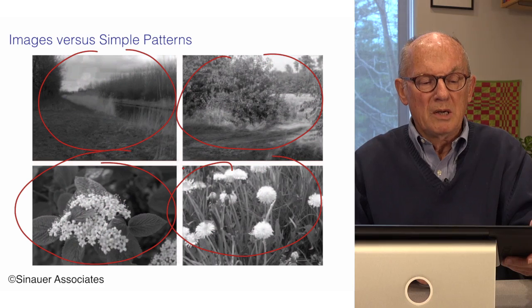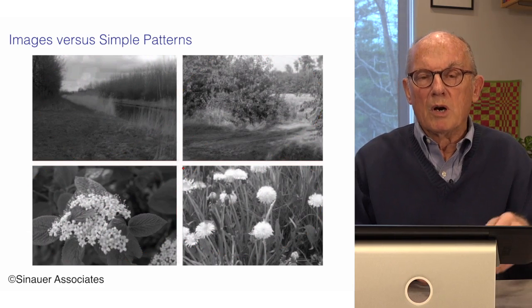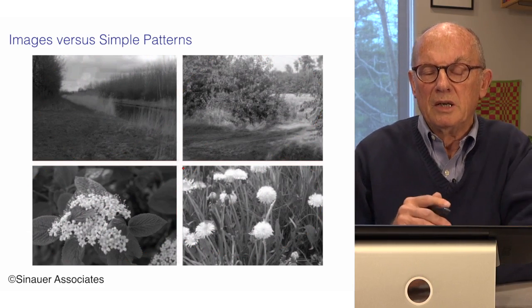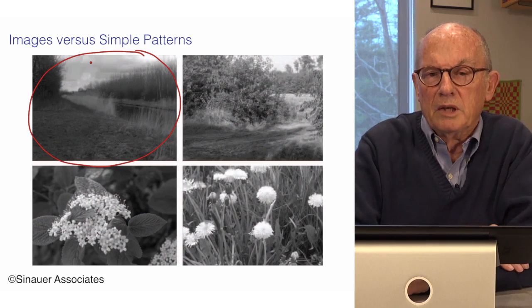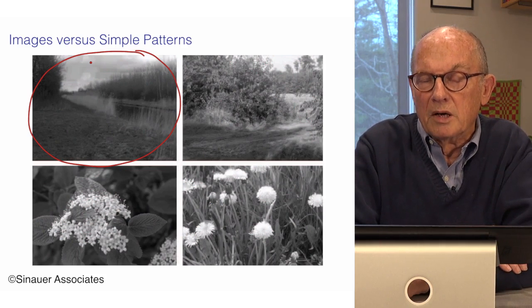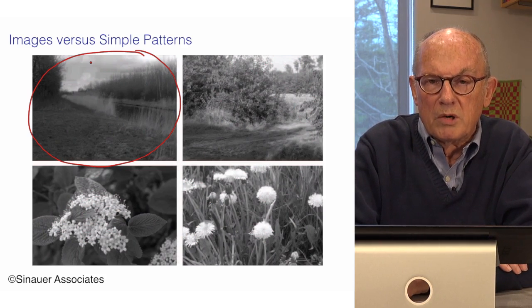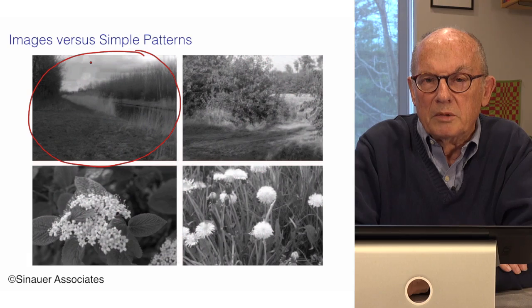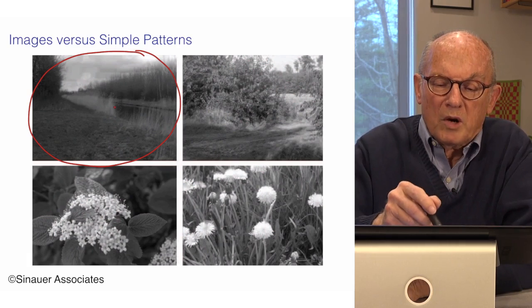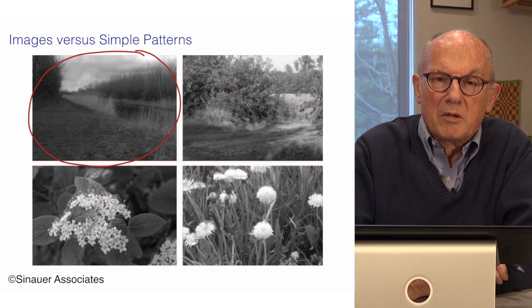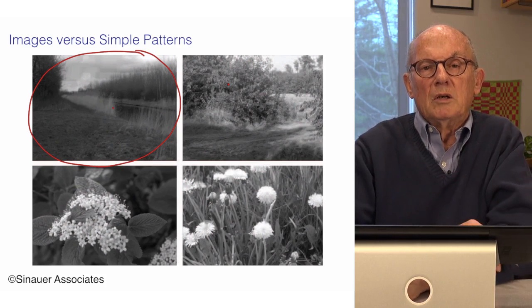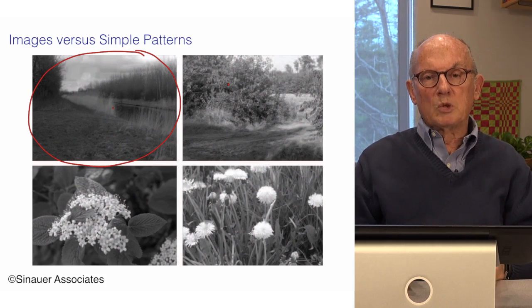So one thing you have to be aware of right away is that it's no good to think of images in their entirety like these. This is, of course, what we are aware of seeing, but we're talking about learning from experience. And the fact is that for any image like this, any natural images like these 4 examples or any other, you're in effect only going to have seen that image once.